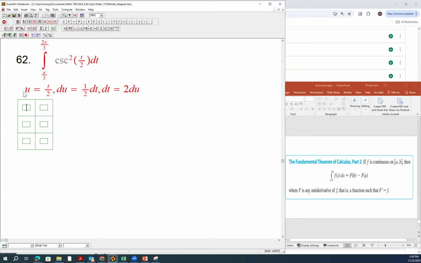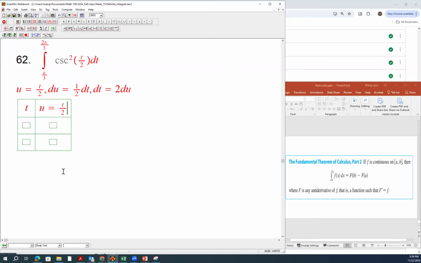There's a t, there's a u. And t changes from pi over 3 to 2 pi over 3.